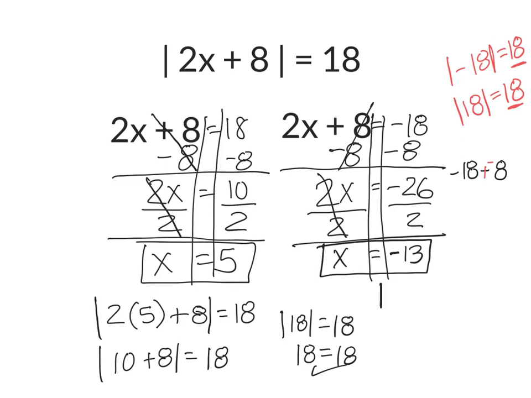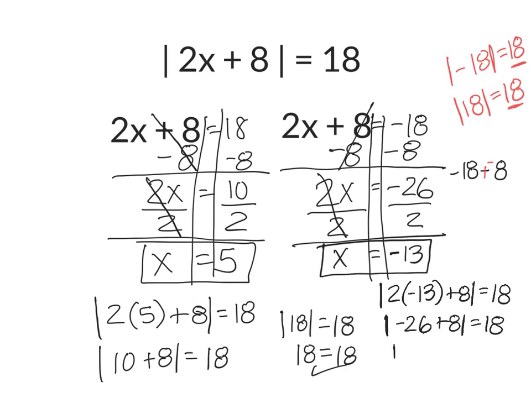So I'll rewrite my equation: absolute value of 2 times negative 13 plus 8 equals 18. So 2 times negative 13 is negative 26, plus 8.